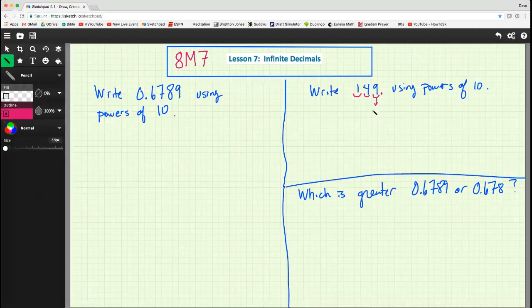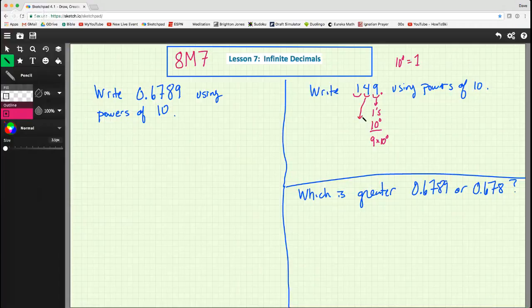Well, this is our ones digit, which is also 10 to the 0. So remember, when we learned this before, 10 to the 0 is 1. So when we think of our ones digit, that's 10 to the 0 power. So this is 9. This means 9 ones, or 9 times 10 to the 0.